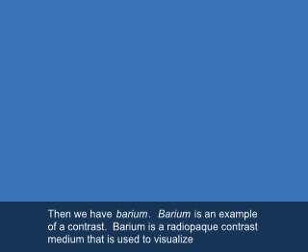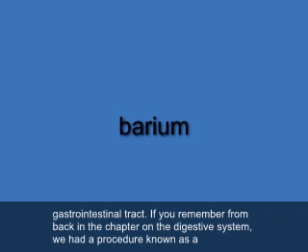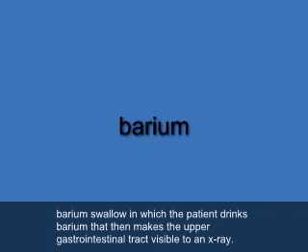And then we have barium. Barium is an example of a contrast. Barium is a radiopaque contrast medium that's used to visualize the gastrointestinal tract. If you remember from back in the chapter on the digestive system, we had a procedure known as a barium swallow, in which the patient drinks barium.